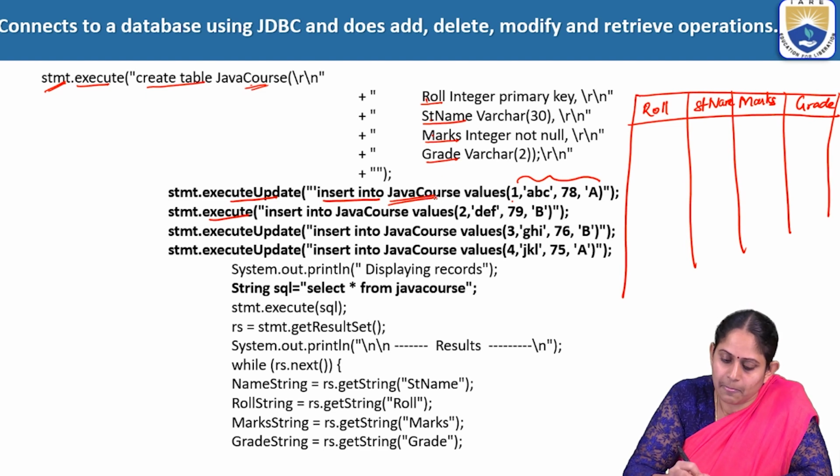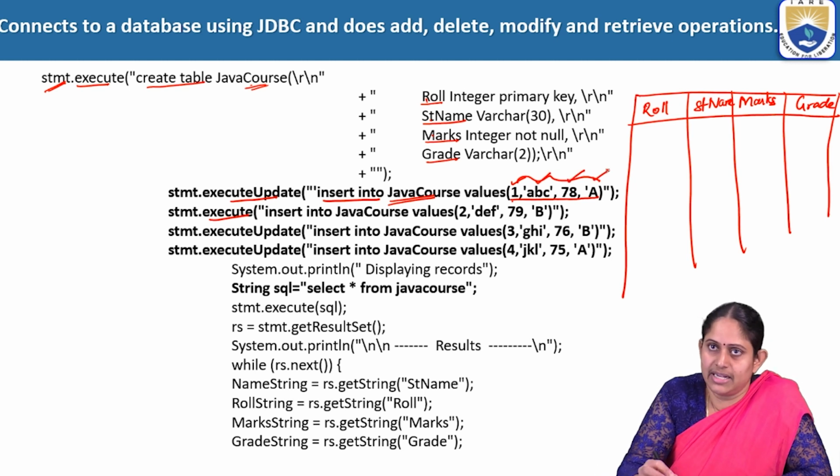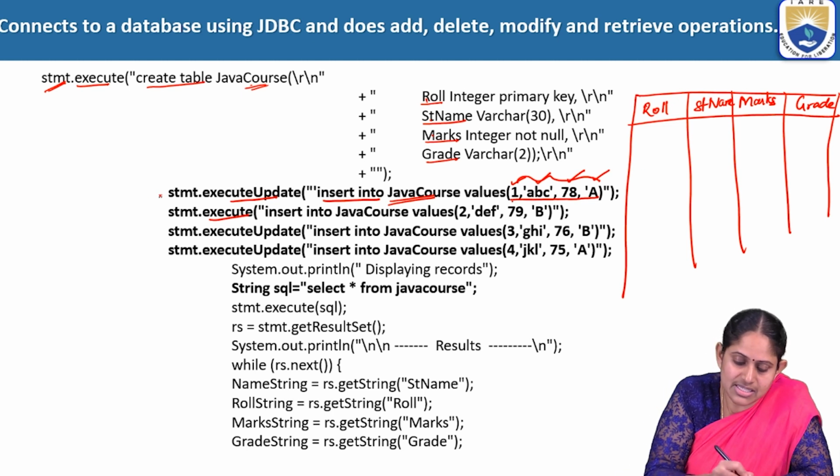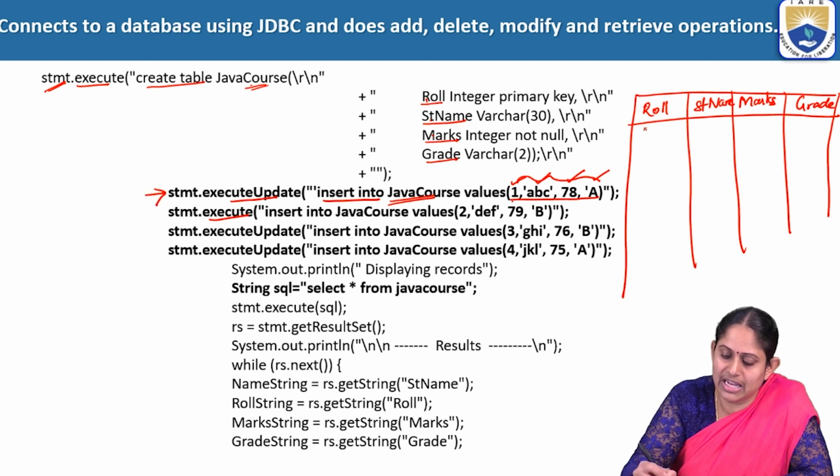Here, what we have to note is that the values passed to it should be in the order of the columns. The first one will be the roll number, the second one the name of the student, the third one his marks, and the fourth one his grade. When this statement is executed, the values 1, ABC, 78 and A will be inserted into the table.